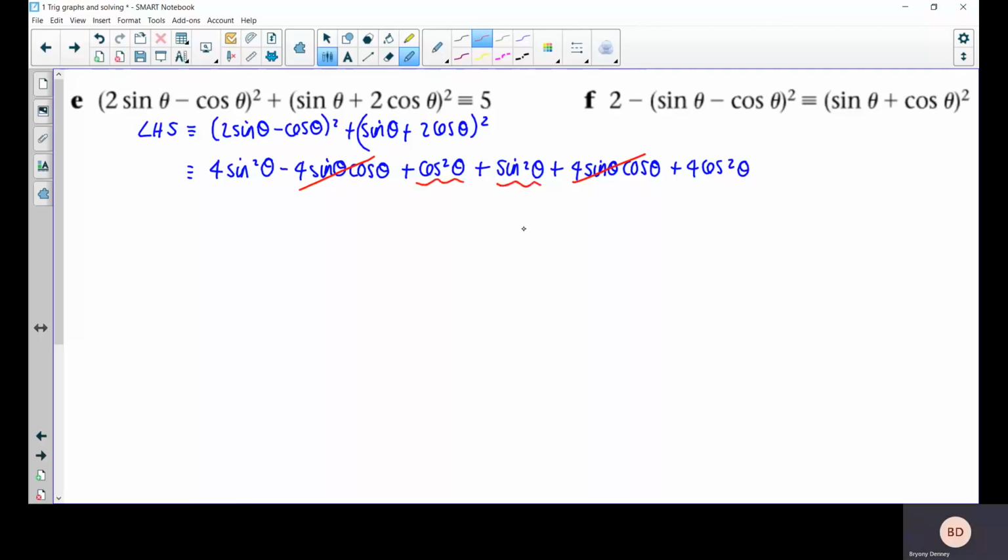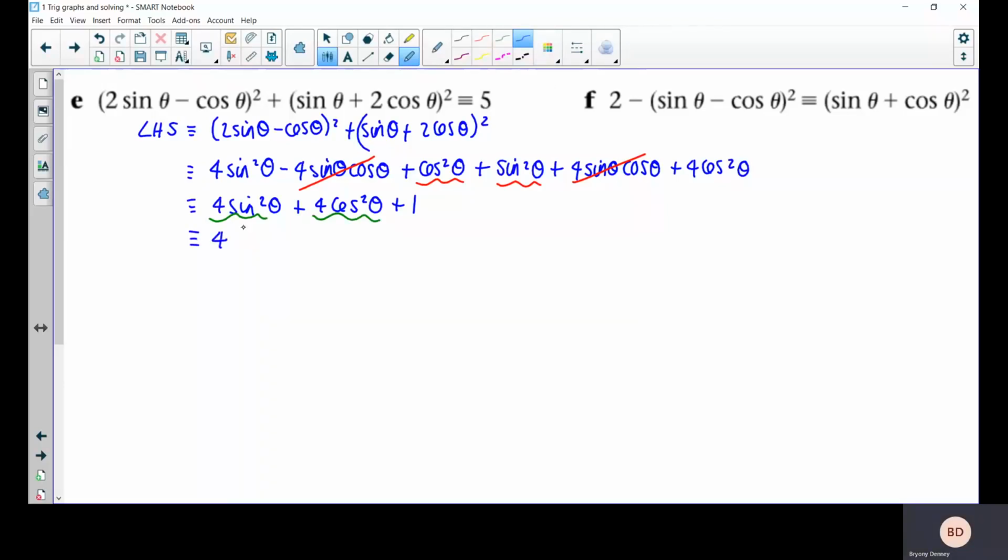These are going to be equal to 1 using the identity. So I will have 4 sine squared theta. I'll write the 4 cos squared theta next, and then I'll add a 1. Now, there is an identity here if I pull out a factor of 4.